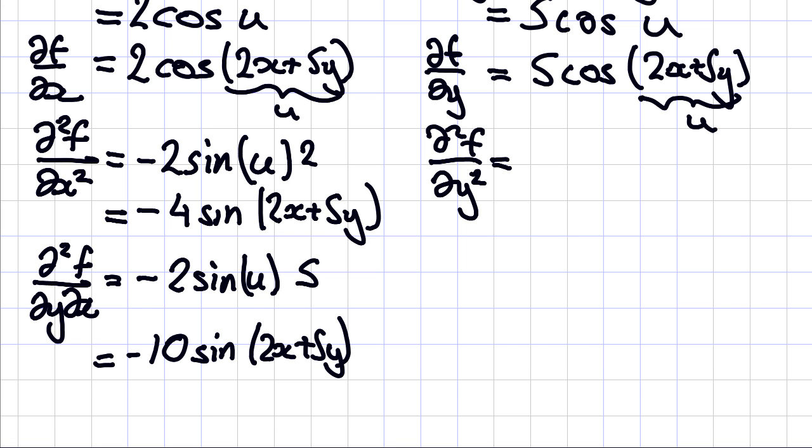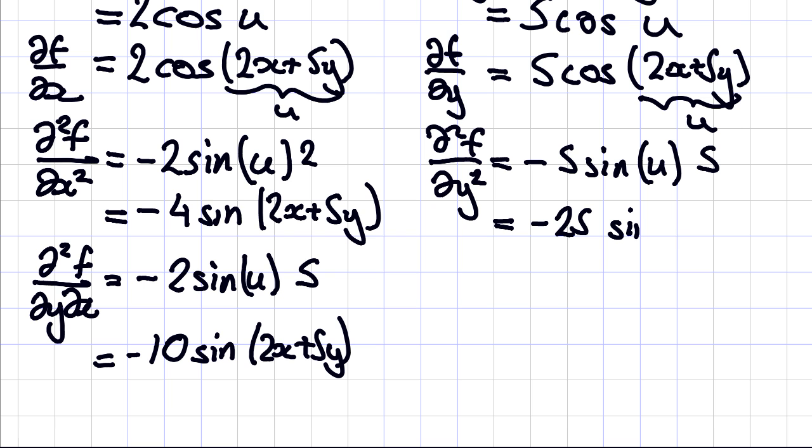So first of all, I take d by du of 5 cos u, and I get minus 5 sine of u, and I take du dy, and du dy is just 5. Tidy this up, I get minus 25 sine 2x plus 5y.